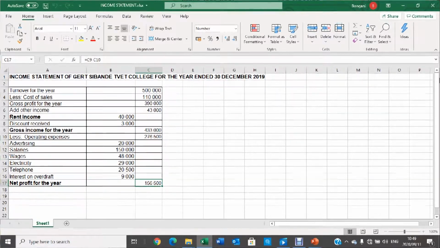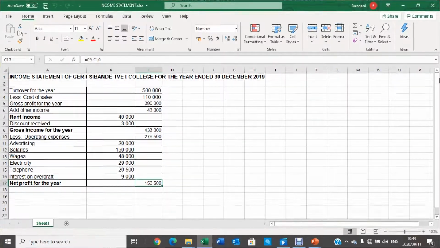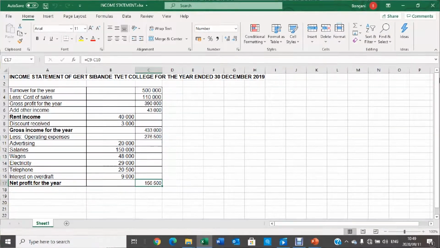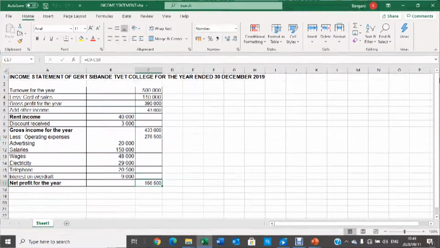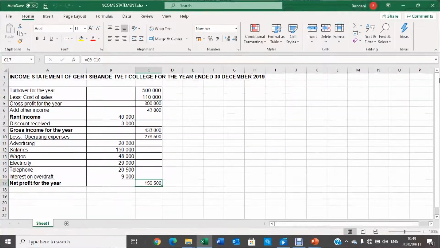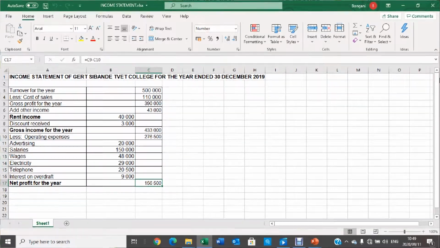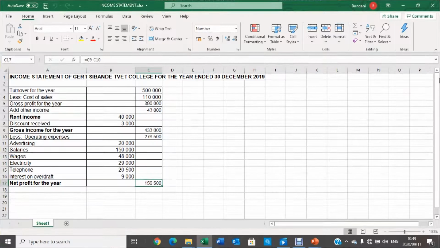To get the gross profit, we should subtract the cost price from our turnover. Then we go to other incomes, where we have rent income and discount received, which we should add so that we can get the amount for other income.